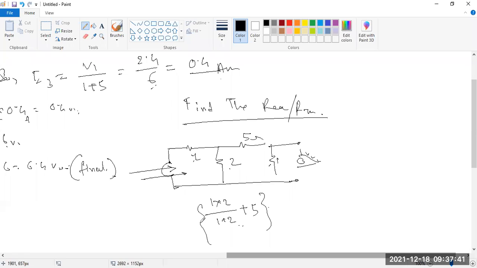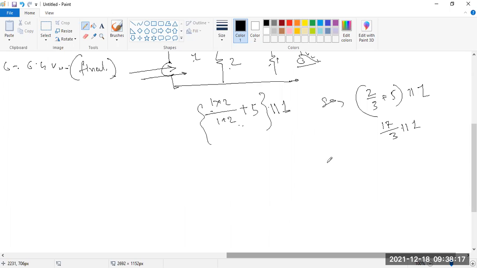First this, then again this and this became parallel. So 1 and 2 is 2 by 3 plus 5, then parallel with 1. So it will give you 17 by 3. Again it is parallel with 1.